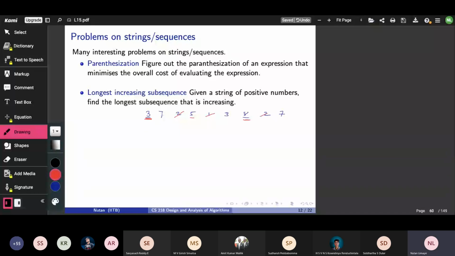Then there is also again a choice between whether I include 7 or not. So there are two possibilities of that. And now depending on whether I included 7 or not and whether I included 3 or not, whether 5 will be there or not will be dependent on that. And as we go forward, if we try to do this naively, you can imagine that this will lead to an exponential number of possibilities for checking whether addition of a certain number into the currently formed subsequence creates a longest increasing subsequence or not.